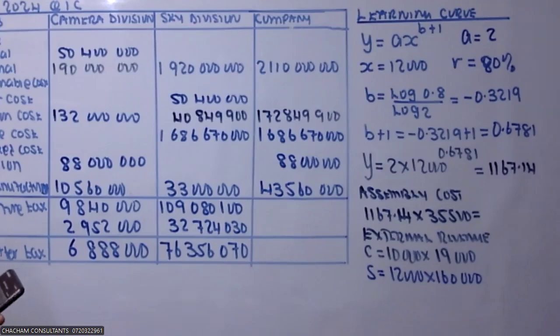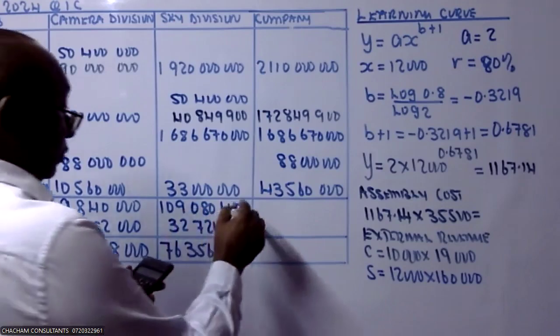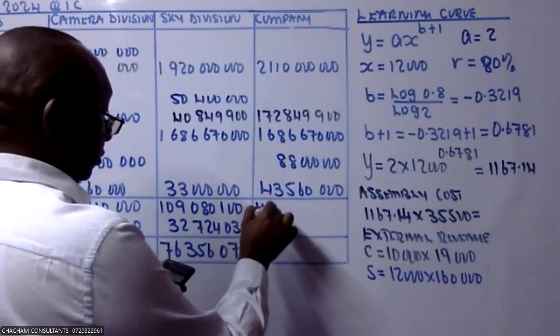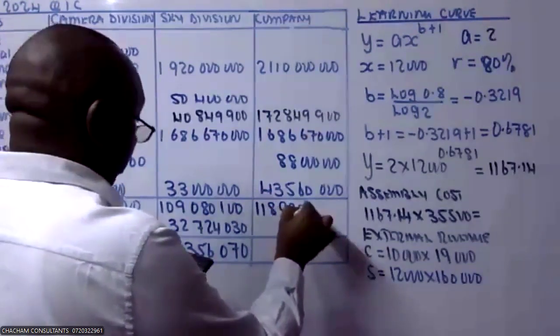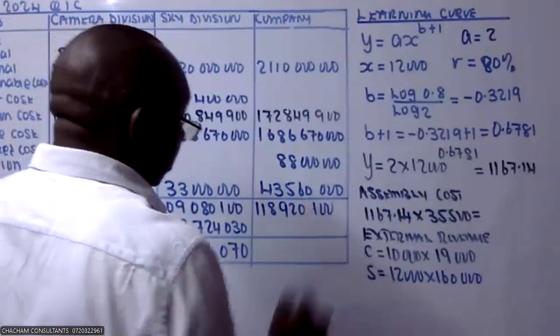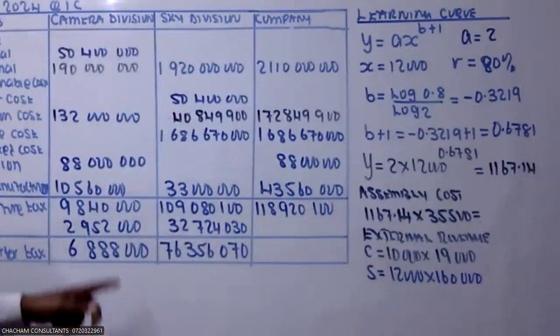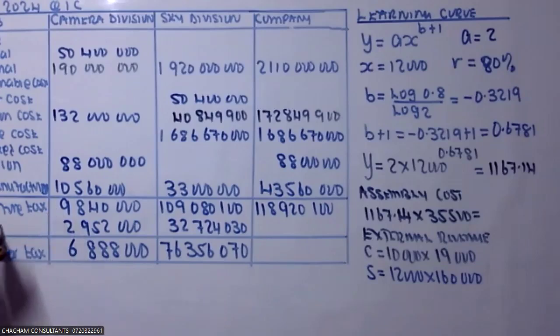Information 7. Have you gotten it? Yes, it's 30% of the profit before tax. So 30% of this, at 30%.